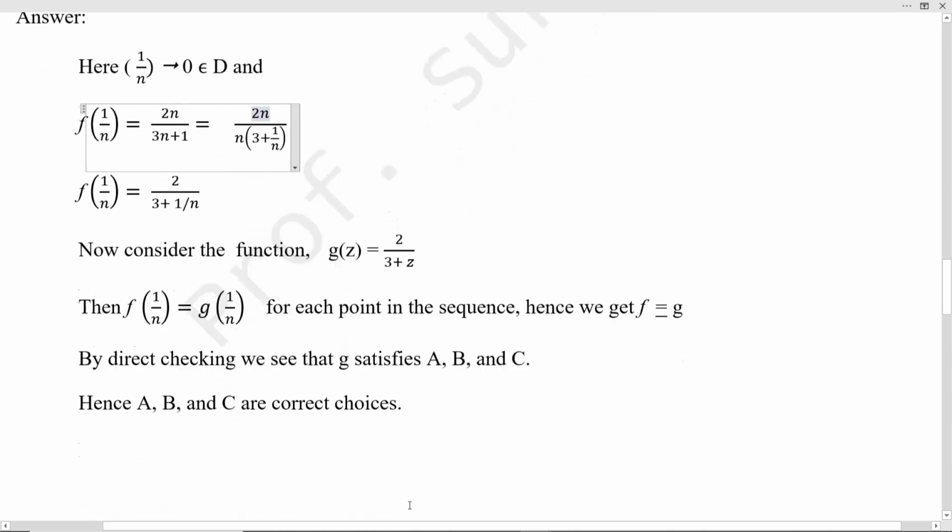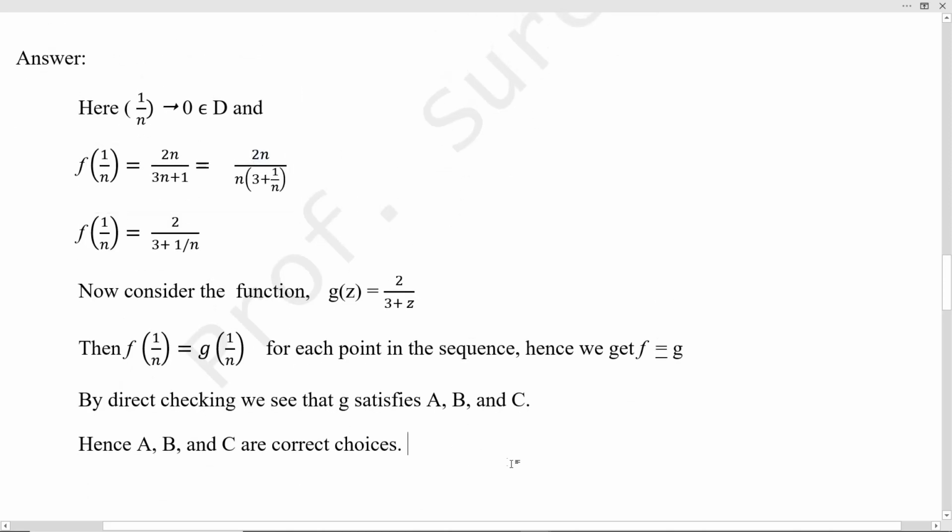Now consider the function g of z equal to 2 by 3 plus z. f of 1 by n equals g of 1 by n for each point in the sequence. Take any sequence 1 by n; put n equal to 1, and both values will be the same, and so on. Hence we get f is identically equal to g.